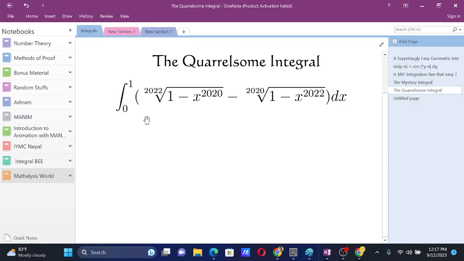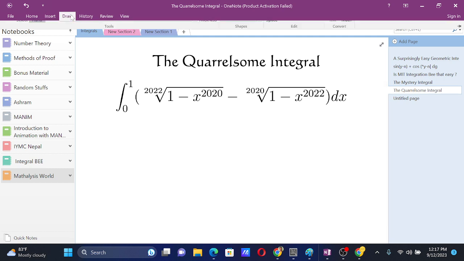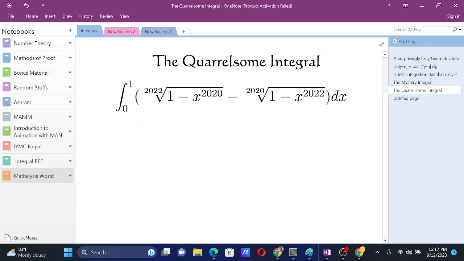The quarrelsome integrals. For this problem, we first need to recognize that if this is y, this will be y inverse.